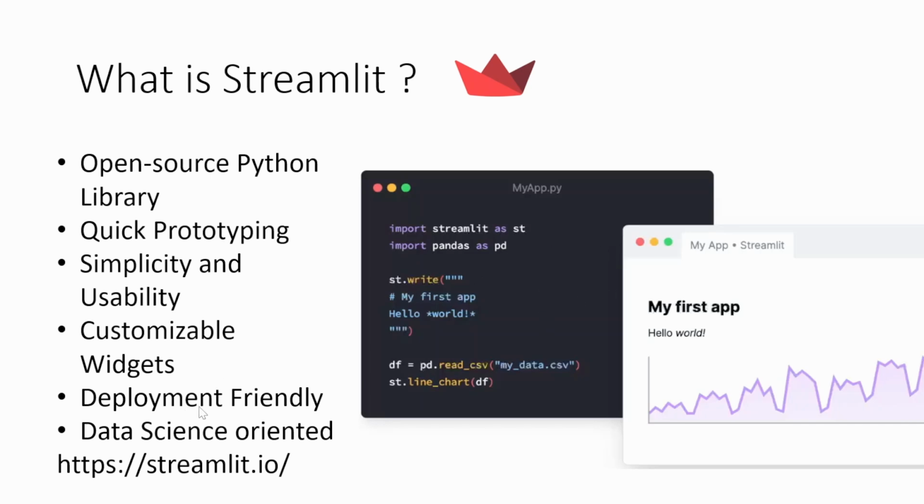It's also deployment friendly. In fact, Streamlit provides a cloud infrastructure where you can deploy your Streamlit applications, but they can also be deployed to other environments. The next important thing is that it's data science oriented, in the sense that whatever widgets or APIs it provides are mainly focused on machine learning engineers, AI engineers, and data scientists.